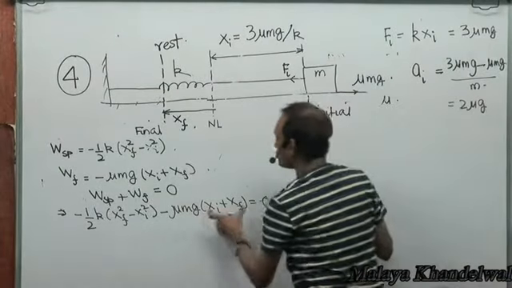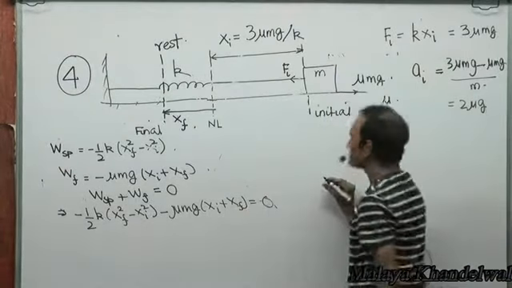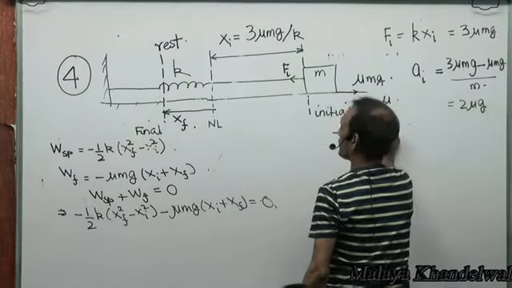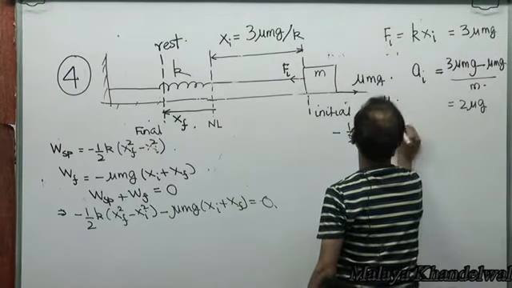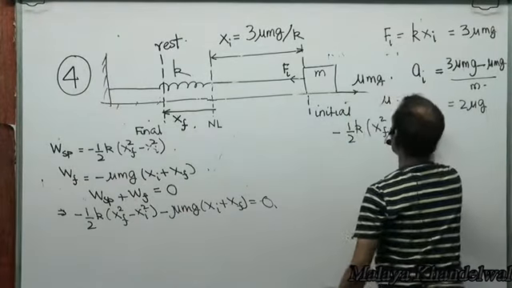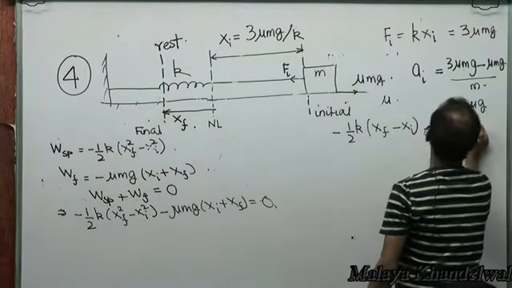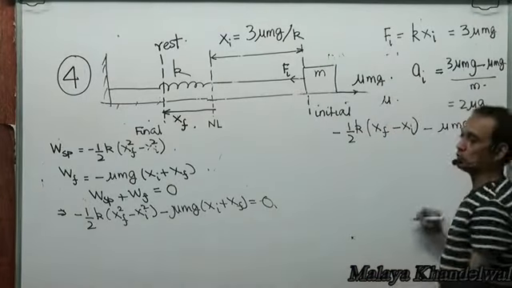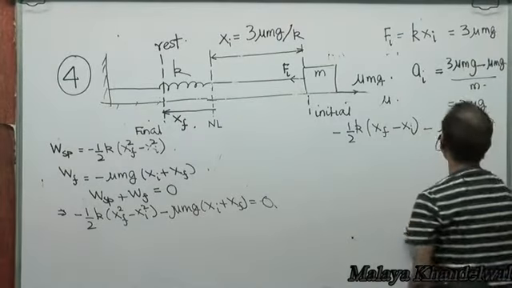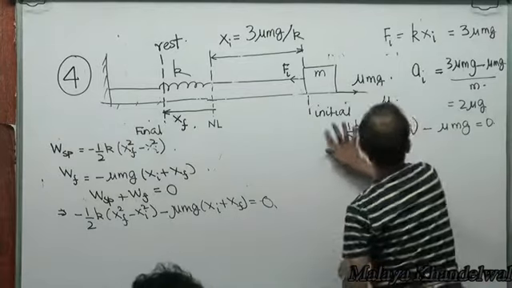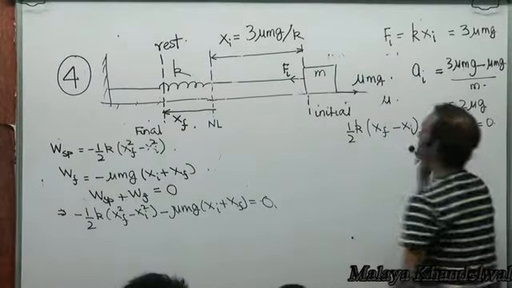I can divide throughout by xi plus xf. That will simplify the algebra a little bit. Minus half k (xf minus xi) minus mu mg. That must be 0. And very clearly this plus this must be 0.